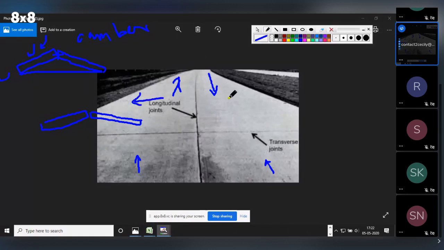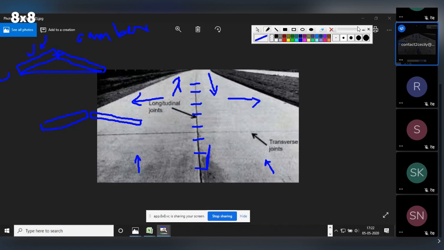So in order to keep these slabs together, we need to tie them together. The bars which are used for tying the slabs together and which are placed in the longitudinal joints are known as the tie bar.